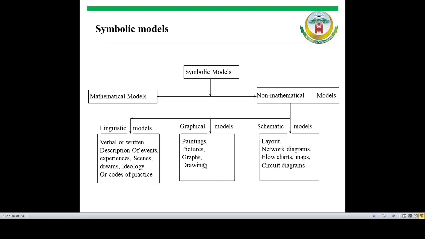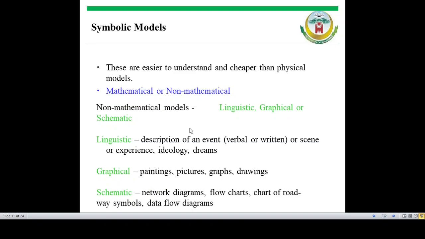Graphical models include painting, pictures, graphs, drawings, etc. Schematic models include layouts, network diagrams, flow charts, maps, circuits, etc. Symbolic models are easier to understand and cheaper than physical models. These were already discussed in the previous slide.